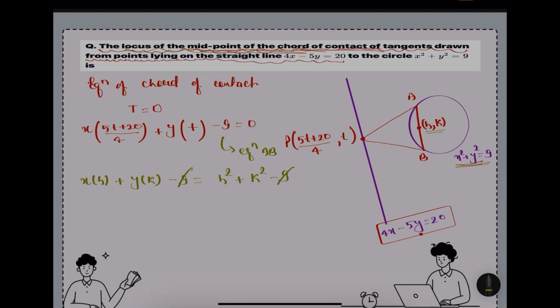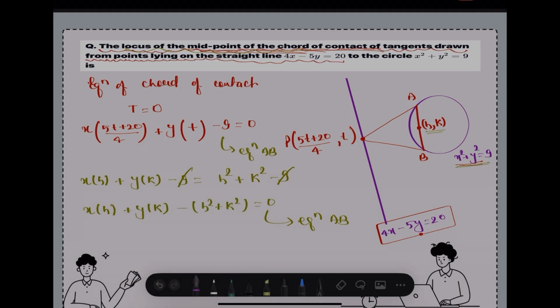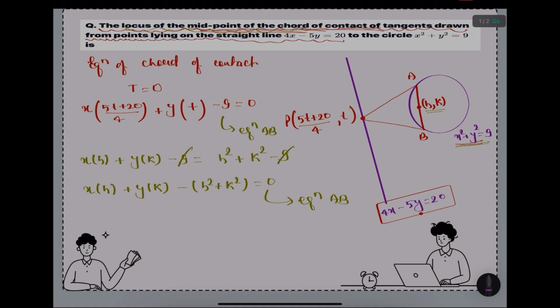Now look at this. Let's rearrange. Like in the previous equation of AB, we wrote nothing on the right hand side, so here also we'll do the same thing. So xh plus yk equals h square plus k square. Now you know that it is also representing the equation of AB, so both are representing the same equation of line, meaning coefficients will remain the same.